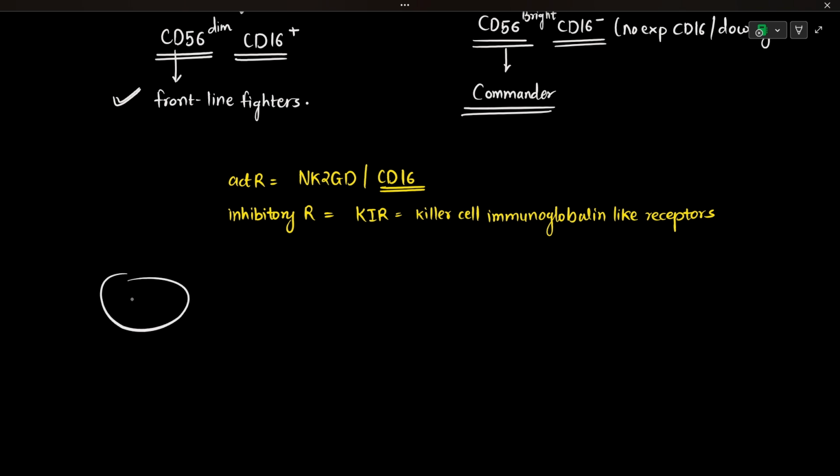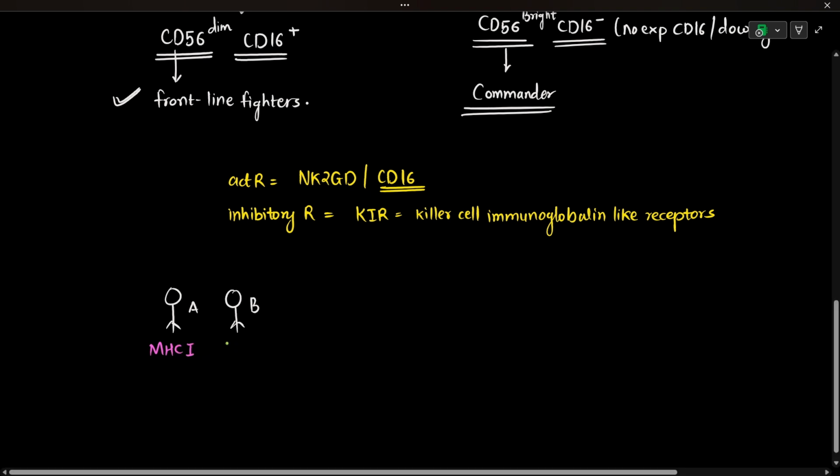So let's say that there are two individuals, person A and person B. All of the cells belonging to person A and person B are going to have MHC type 1 molecules. But the MHC type 1 molecule belonging to person A will be different from the MHC type 1 molecule which belongs to person B. And that serves as an identity for those cells.